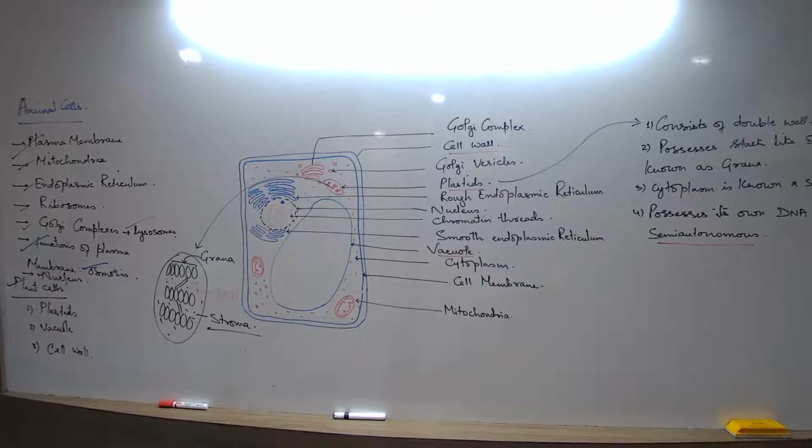Why mitochondria and plastids are known as semi-autonomous? Because ये पार्टली न्यूक्लियस पे डिपेंडेंट है, फुल्ली न्यूक्लियस पे डिपेंडेंट नहीं है। हाँ 50-50 उसको आएगा.